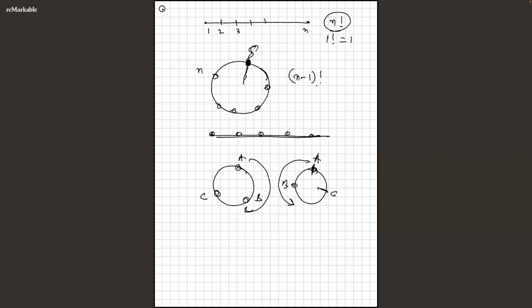If I ask how many ways can you arrange one person in a circle, by your formula, what should happen? It should be n minus 1, 0 factorial, right? But what is common sense telling? 1 way. So 0 factorial is equal to 1.